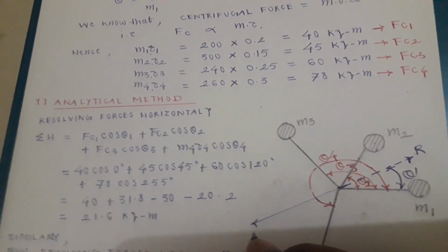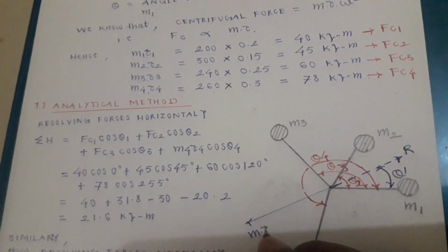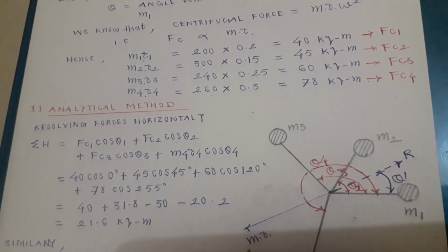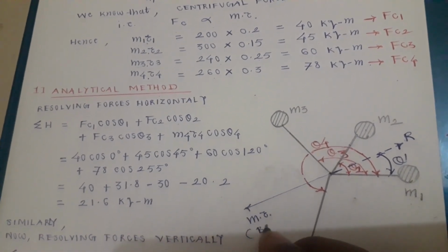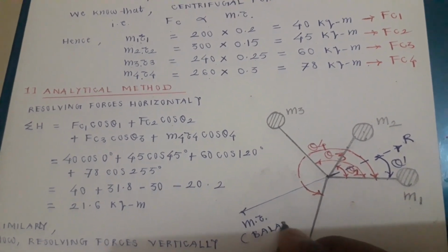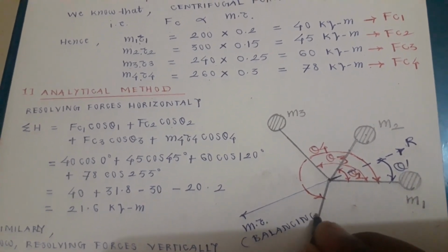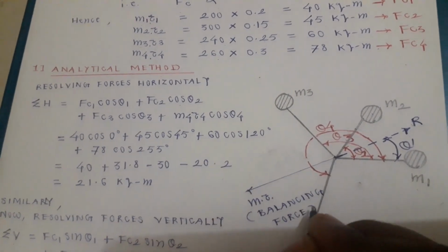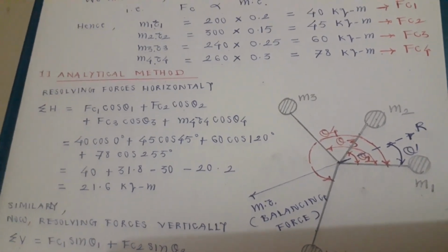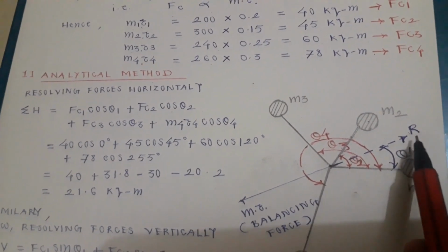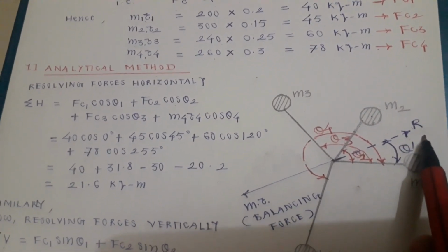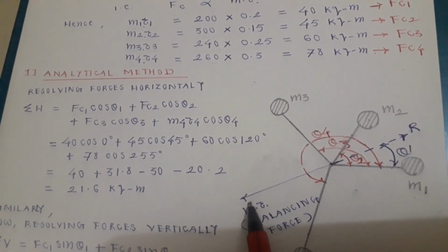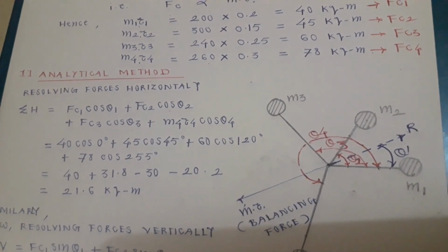So here it is, m into r. This is the balancing force for this particular resultant. It will be exactly equal and opposite in direction.